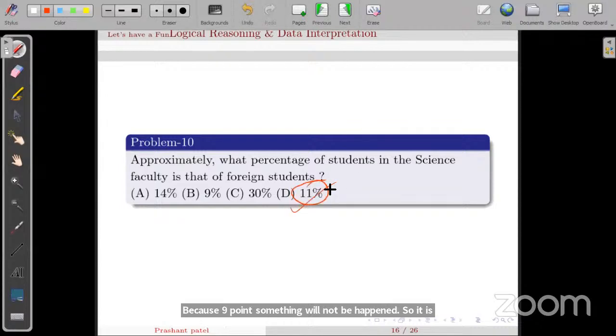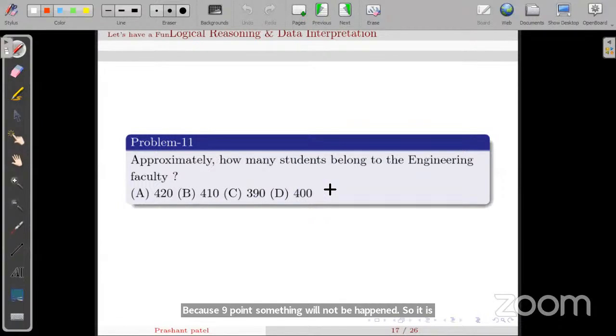Okay, here. Second question. How many students belong to engineering faculty? So here you have to calculate the number of students in engineering faculty.